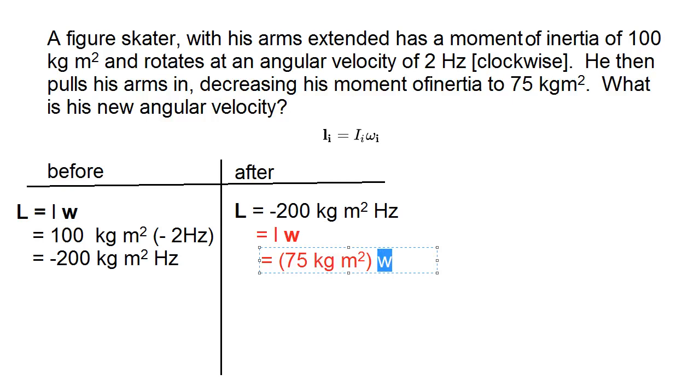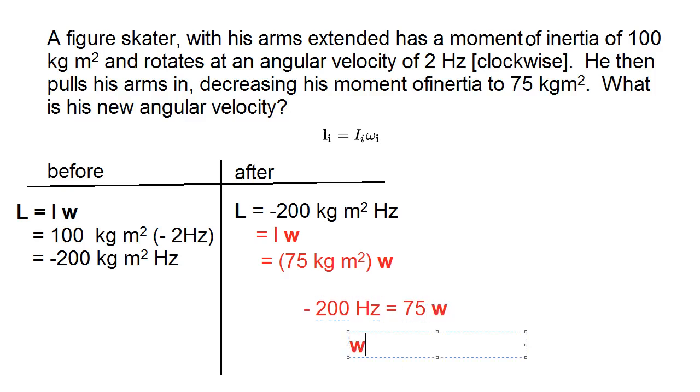We can solve this relatively quickly because I know that 75 kilogram meters squared multiplied by omega must equal negative 200. Here we can cancel out some units. On this side we'll have 200 hertz. I've canceled out the kilograms and meters squared on both sides, and here we're going to have 75 times our new omega.